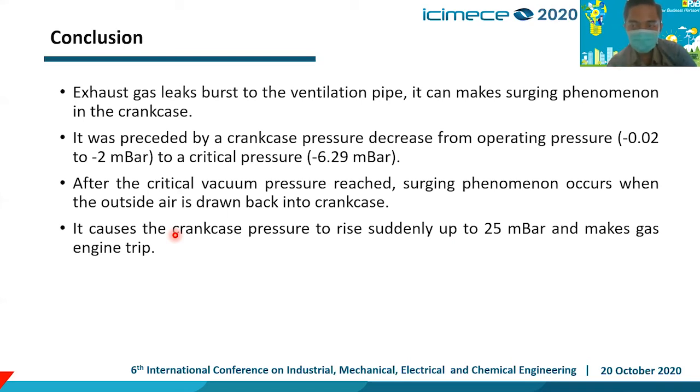It's also in the slide that we have explained. The third is, after the critical vacuum pressure is reached, the surging phenomenon occurs when outside air is drawn back into the crankcase. And the last is that it causes the crankcase pressure to rise suddenly up to 25 millibar and makes the gas engine trip. So that's the conclusion from our paper.